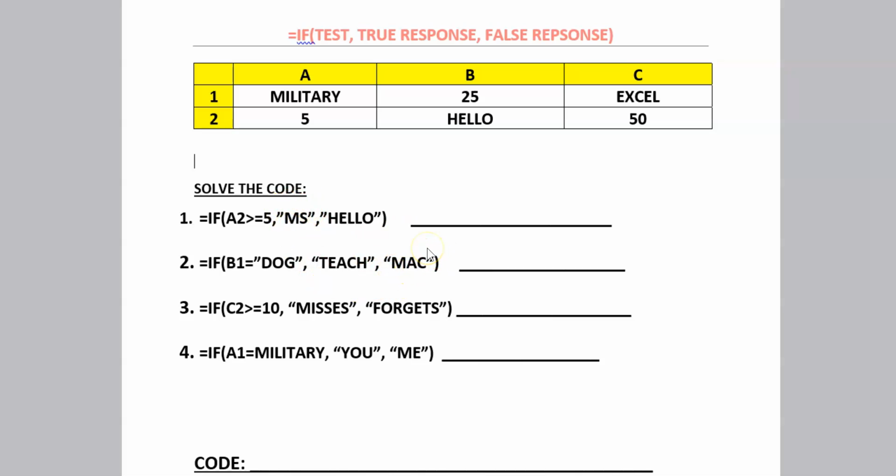Again, we're trying to get used to being more complex with these functions. So I do not want B1 to equal dog, because then the answer would be teach. So I went up to B1, I put 25. It's not even a word. Don't let that confuse you, okay? So is 25 the same thing as dog? No, okay? So the response I would expect here is Mac, because that's the value if false.